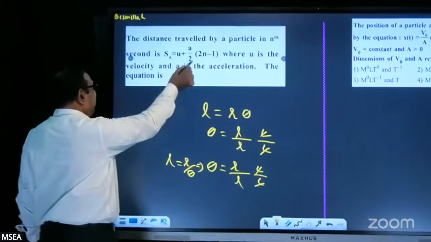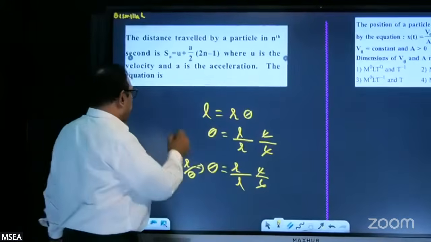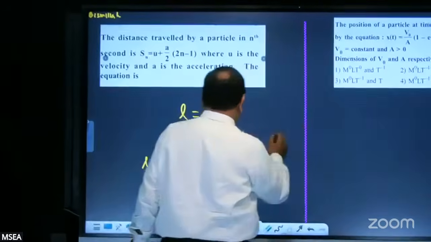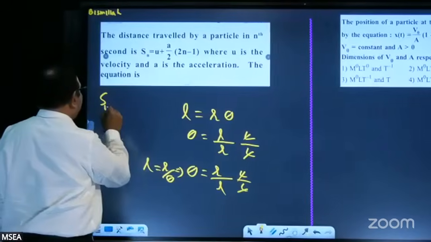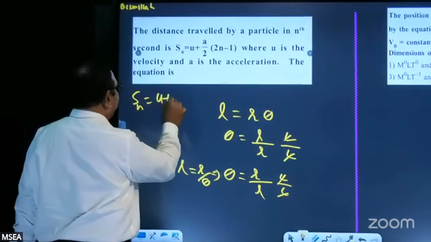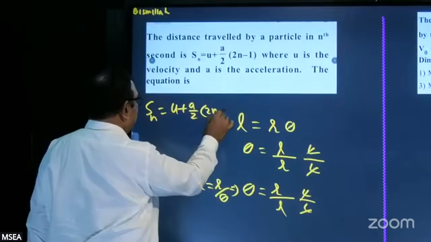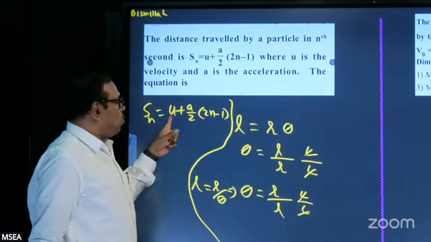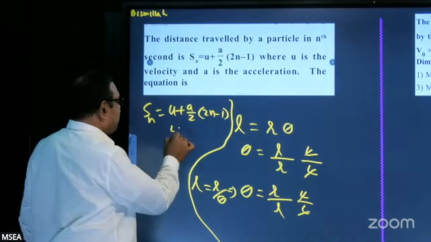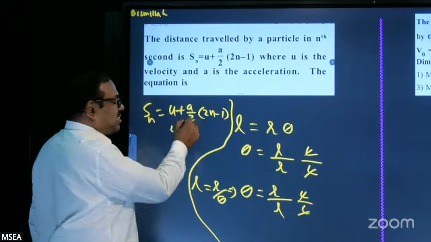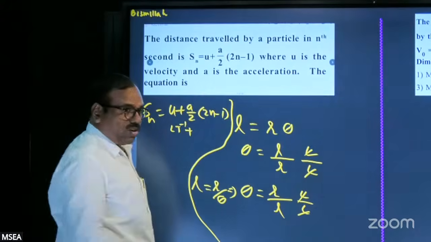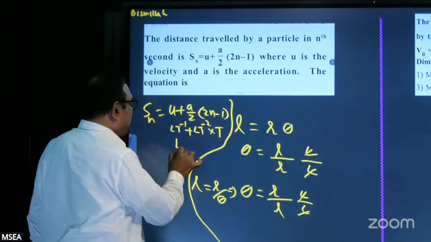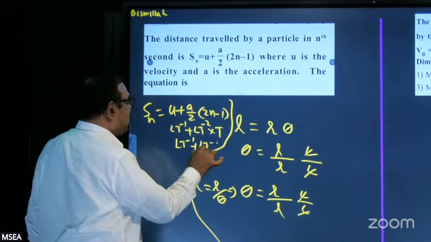Let us write here: Sn is equal to u plus a by 2 into 2n minus 1. If you check, u is LT minus 1, plus a is the acceleration, LT minus 2. The 2 is of course a constant, and this n is T. So it shows LT minus 1 and LT minus 1.